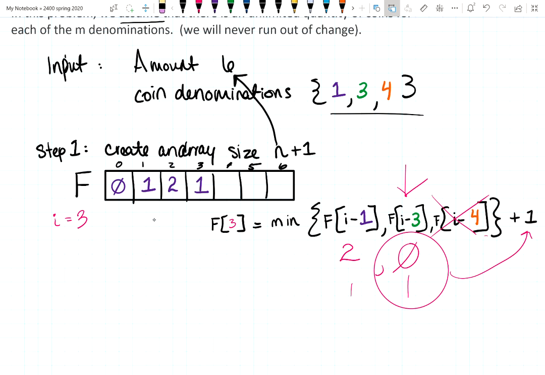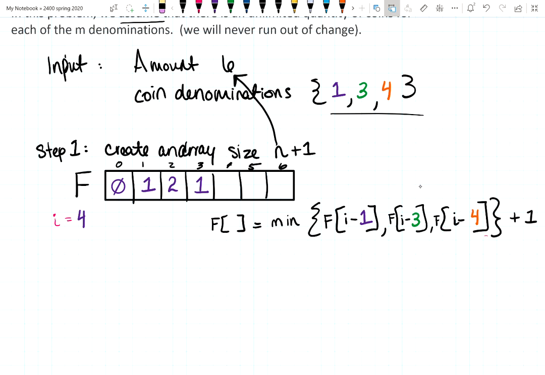Okay, now increment i. i is now 4. When i is 4, we're going to include all coins when we're trying to find the minimum. So 4, 3, and 1 are all smaller than or equal to 4, so that will work.